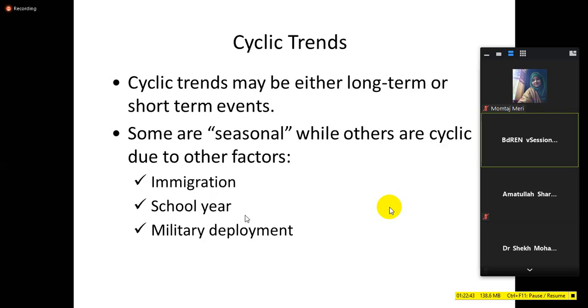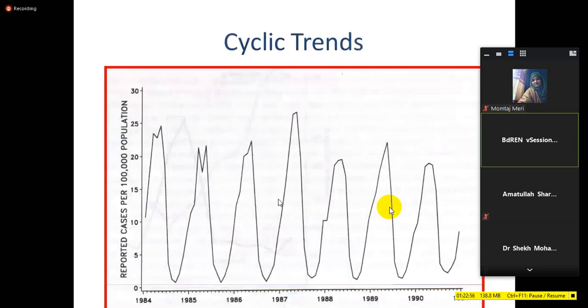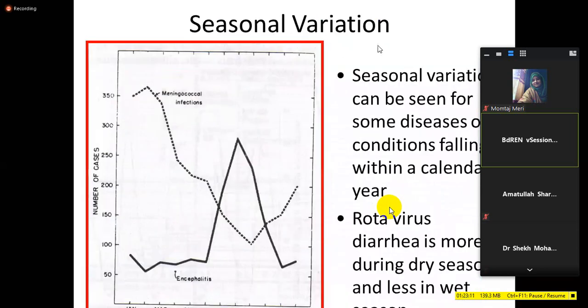And military deployment, when countries deploy their armies. These are the causes of the cyclical trend: the up is due to migration, new school admission, and military deployment.